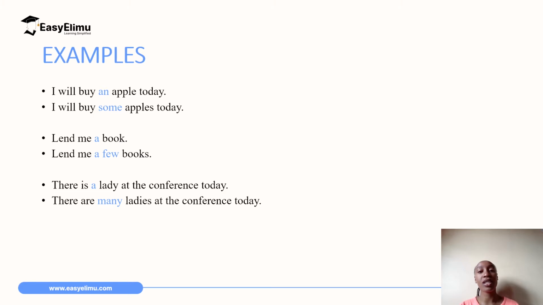You can look at a few examples there. I will buy an apple today. I will buy some apples today. You can also say, I will buy apples today without necessarily using a quantifier, and it will still be correct. The second one, lend me a book.